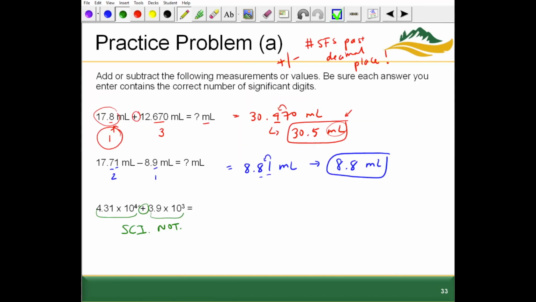So right now, this exponent is a 4, this one is a 3. To get these to have the same exponent, the easiest way is to make this 3.9 times 10 to the third into a value with the greater exponent. So we need to match these two.